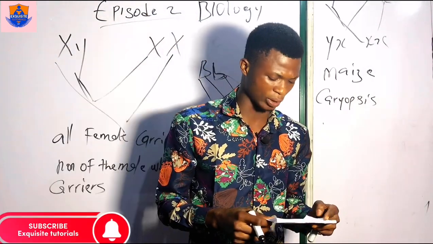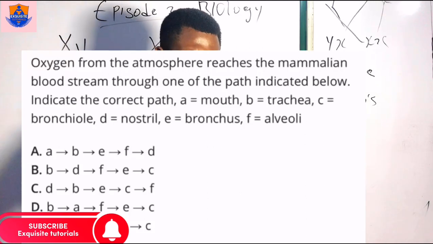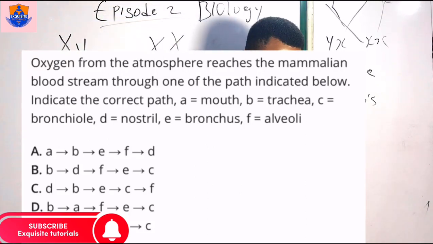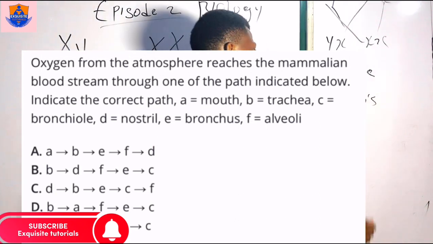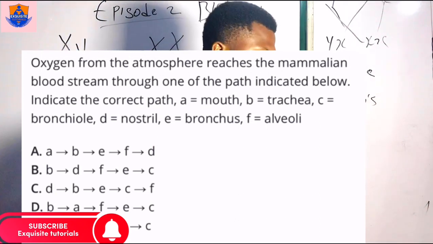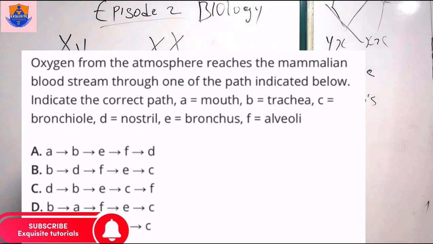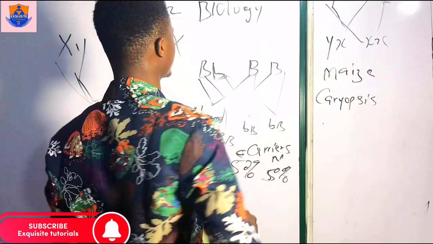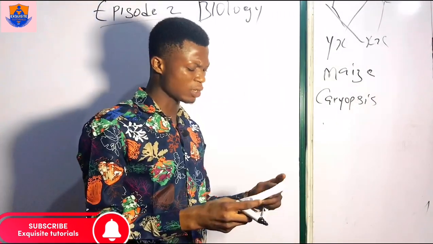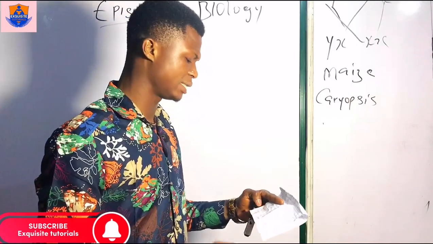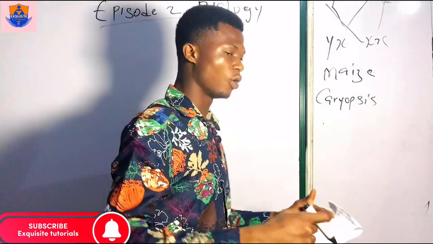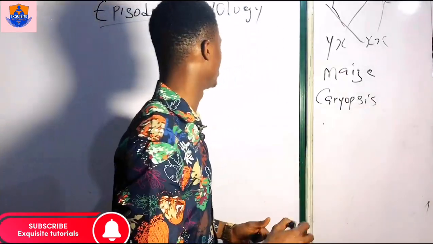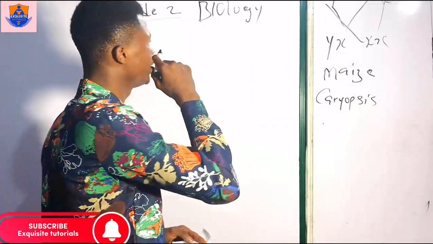Now let's take the next one. Oxygen from the atmosphere reaches the mammalian bloodstream through one of the paths indicated below. Indicate the correct path. This is a question that you should expect in most of your biology exams, the pathway of oxygen in the human respiratory system.